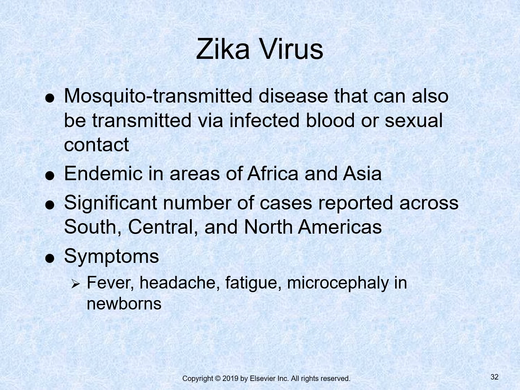The virus is endemic in areas of Africa and Asia, and a significant number of cases have been reported across South, Central, and North America. Symptoms of Zika virus infection include fever, headache, fatigue, and microcephaly in newborns.